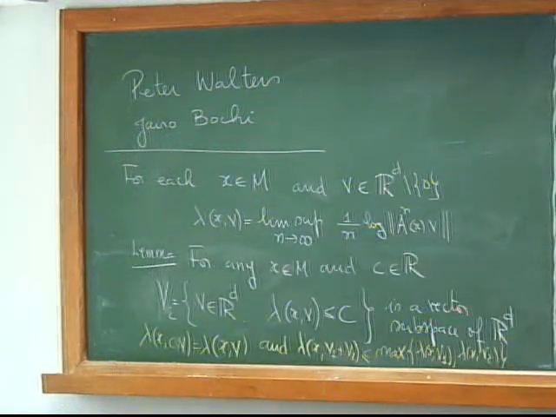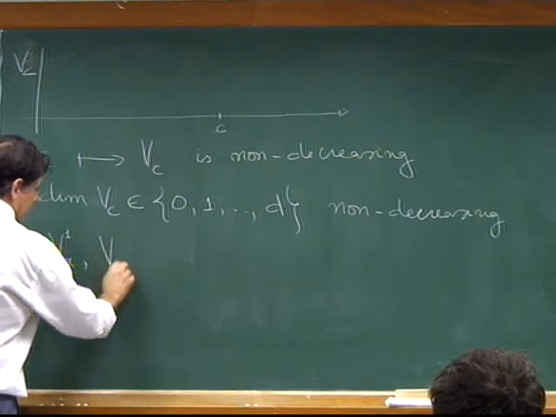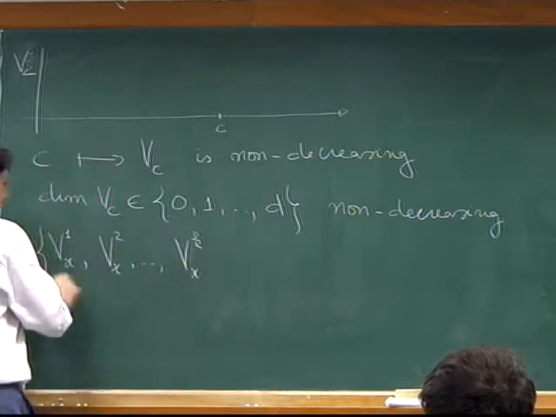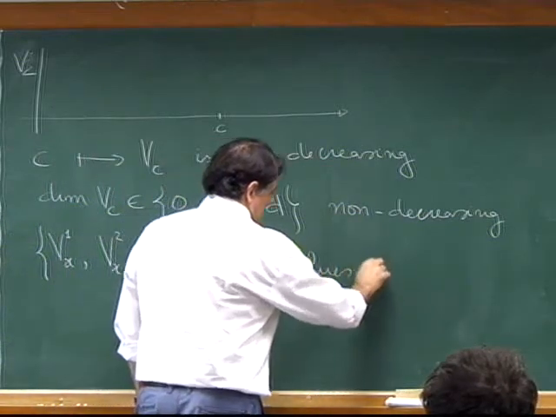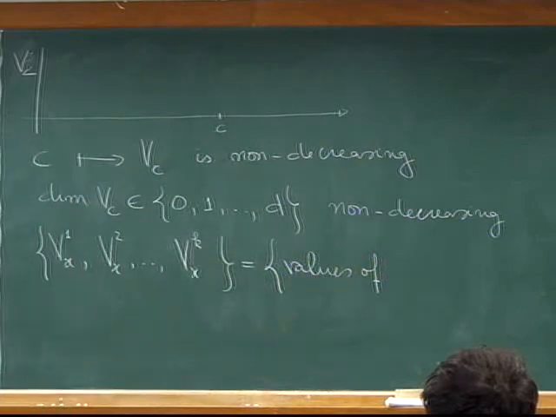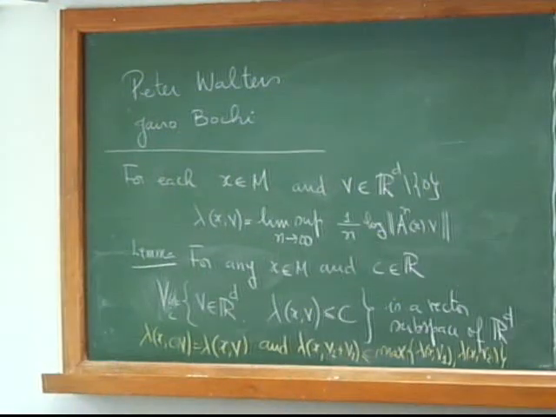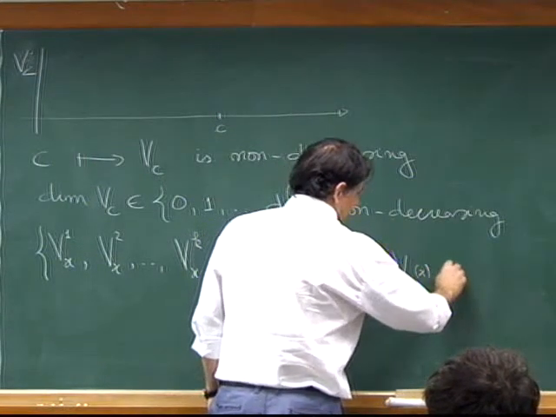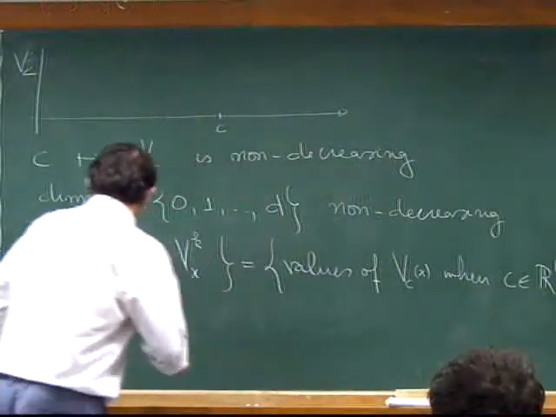So I'm going to call V1 of x, V2 of x, Vk of x the possible values of V_c of x when c varies in R, in decreasing order.